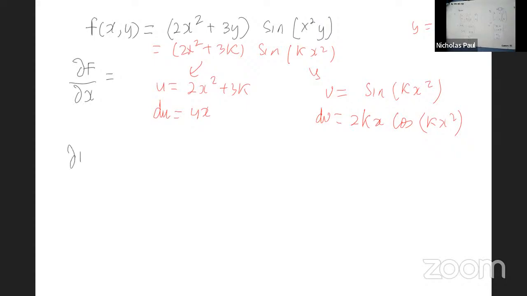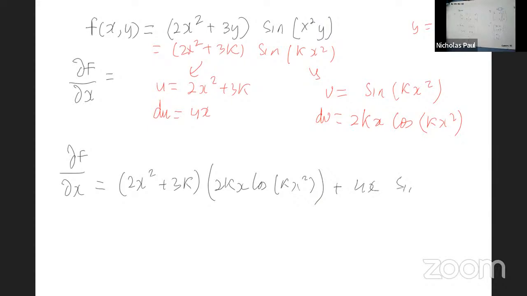So now you can see the partial derivative with respect to x is 2x squared plus 3k, times 2kx cos kx squared, plus 4x sine kx squared.